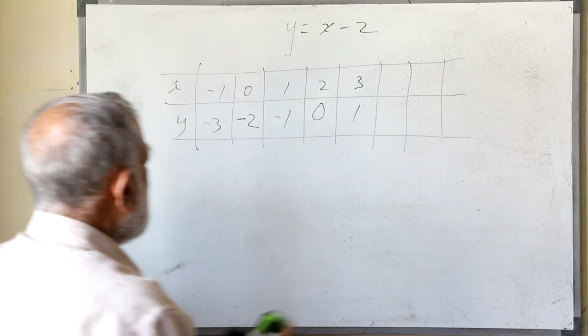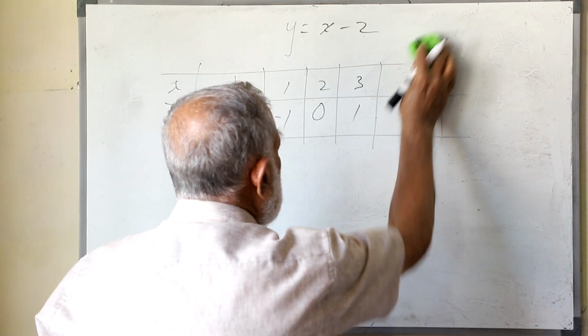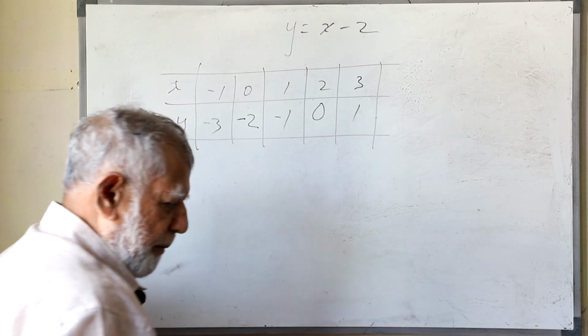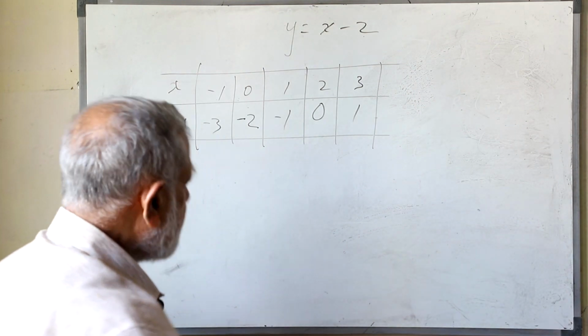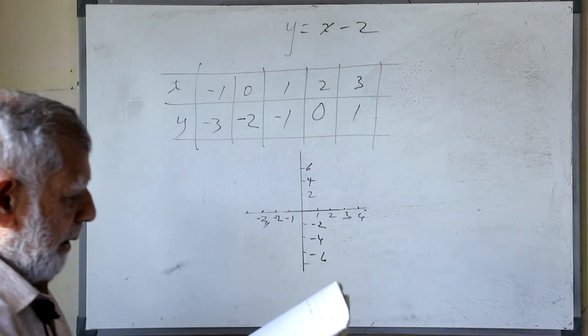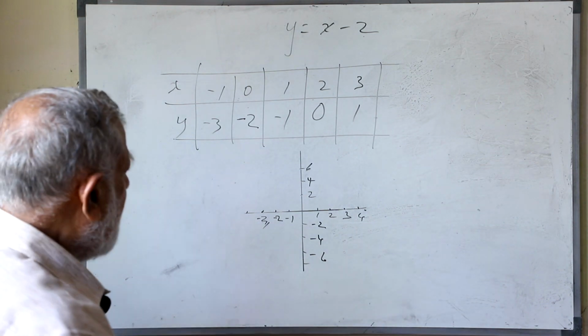Minus 3, minus 2, minus 1, 0, 1. Now we will do the graph for this. Right, so we will plot the points. Minus 1, minus 3.